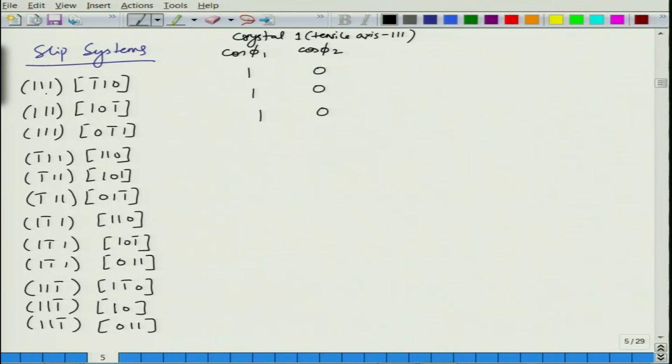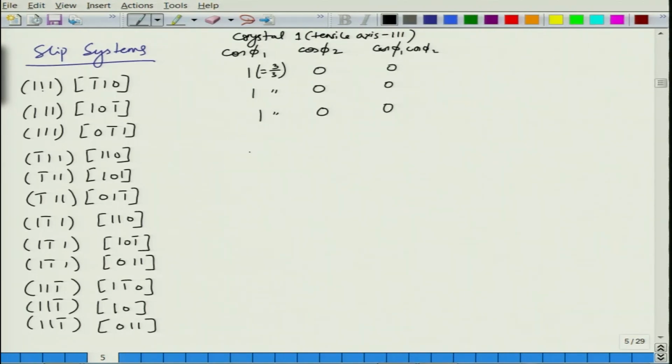So essentially you are calculating the angle between [111] and [111], which is basically 3 divided by 3. Between the tensile axis and the slip direction, the dot product becomes 0. So, the product of cos phi 1 and cos phi 2 will be 0, and essentially these slip systems will not be active.